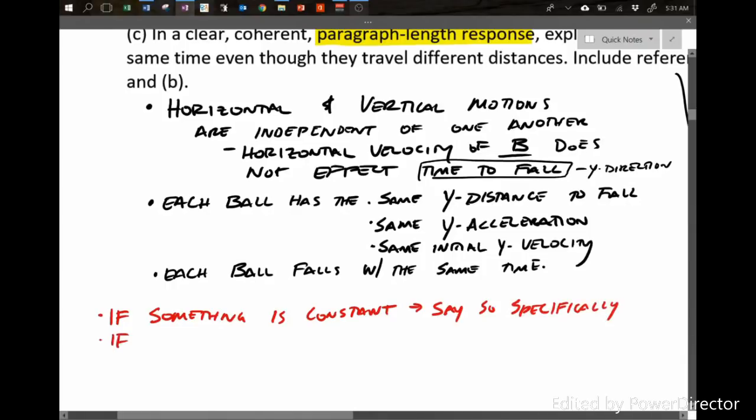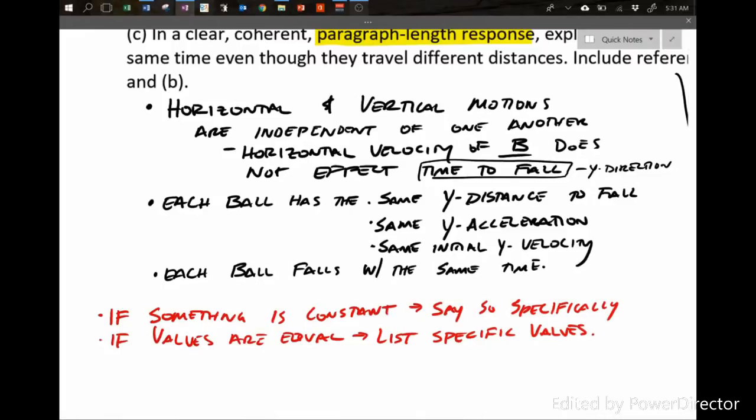If values are equal, don't summarize what those values are; list specific values as you do so. Those are the two big mistakes that I see people making on this, both in my class and on the grading of the AP exam. Students aren't specific enough about mentioning this value is constant, everything else is changing. Be specific about what that value is.